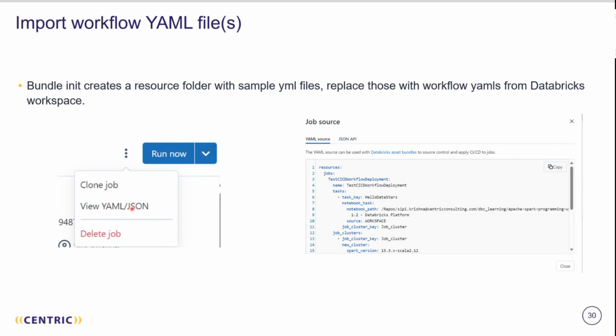And when you click on View YAML/JSON, it will open a new pop-up window where it will actually show you the YAML source. Then you need to copy this YAML and put it in the resources folder in your Databricks asset bundle template that was generated. So if you have, say, 20 orchestration pipelines, 20 times you have to copy the YAML files into your resources folder in the template that was generated, and that is called customization, basically.